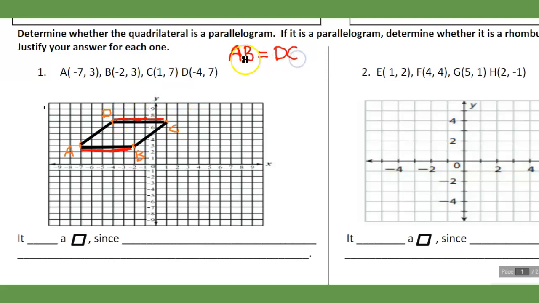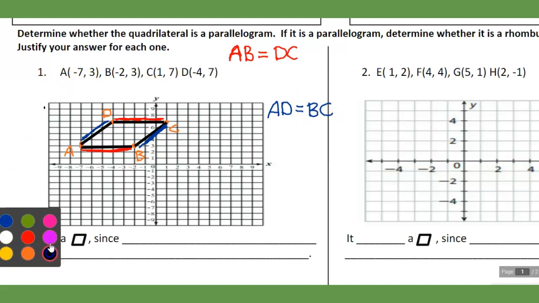Remember, when there's no m's or anything, we're talking about the length or the distance, right? And then we'd also have to show the other opposite sides are congruent. So we'd have to show AD is equal to BC. So 4 distance formulas all together. Okay. And then just do the work carefully, make sure we're not missing anything.